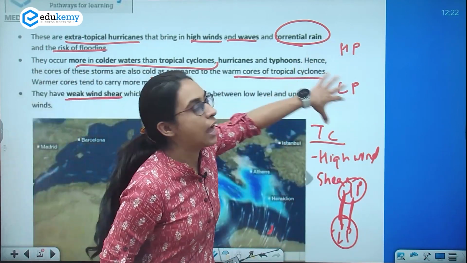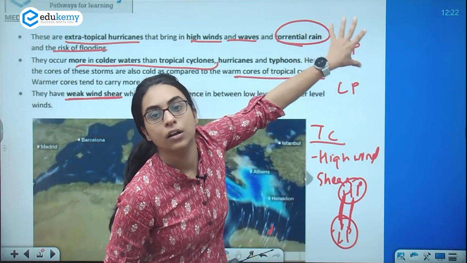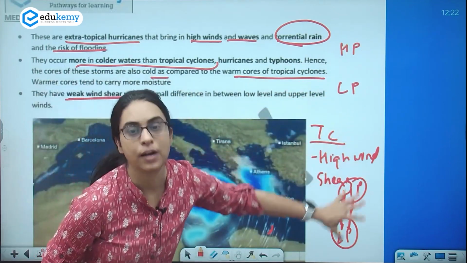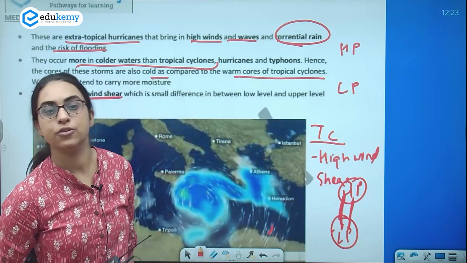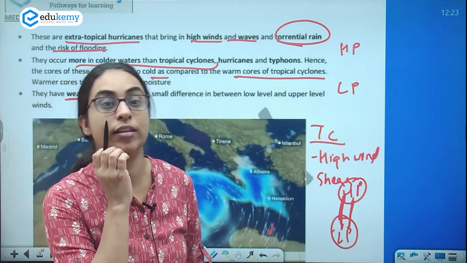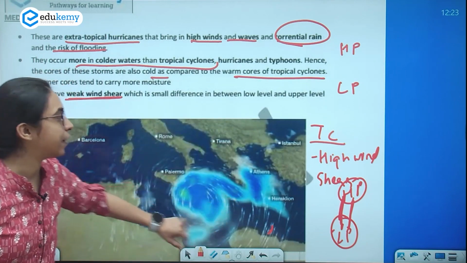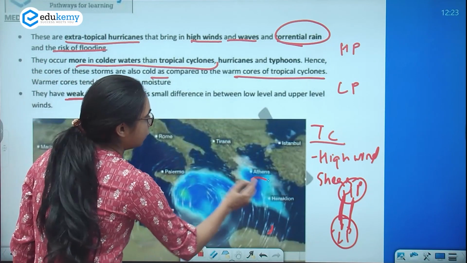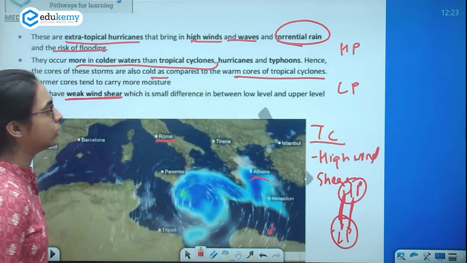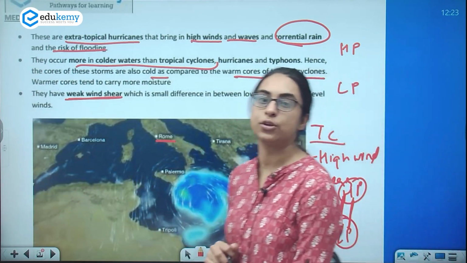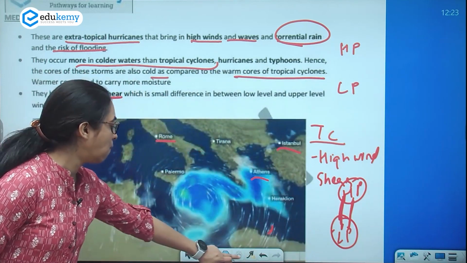Therefore, they have comparatively weak wind shear in the Medicane, and the tropical cyclone has comparatively high wind shear. See, this is the difference between the Medicane and the tropical cyclone. This is the area that is affected. You can see Athens, Rome, Istanbul, the Mediterranean Sea region and the formation of the Medicane.